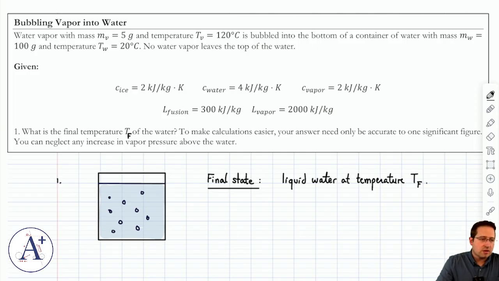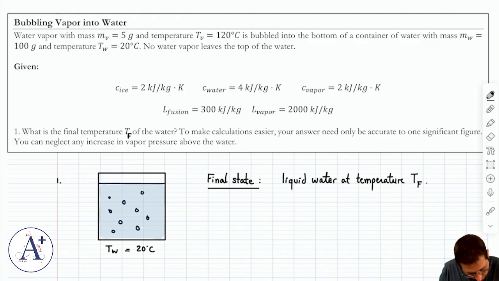Right. So a few things have to happen. The water itself, which is at an initial temperature T water of 20 degrees C, is going to warm up because of the hot vapor that comes into it. Let's say it differently. The vapor as it cools is going to release heat into the water, which will absorb the heat, causing its temperature to rise.